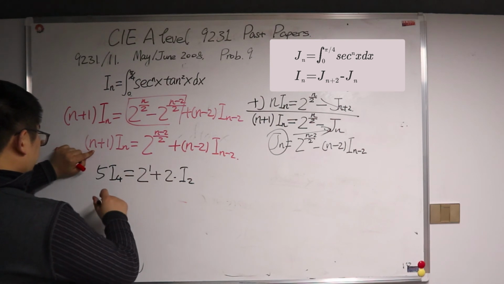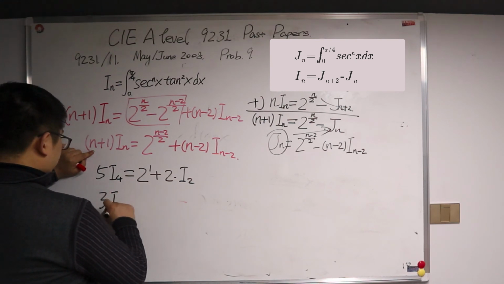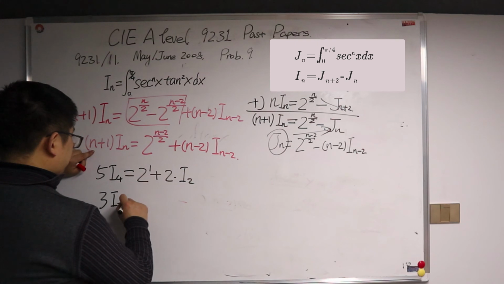When n equals 2, we have this reduction formula.